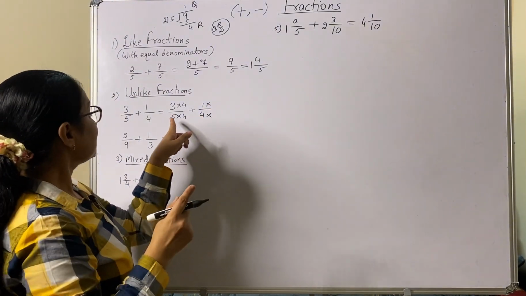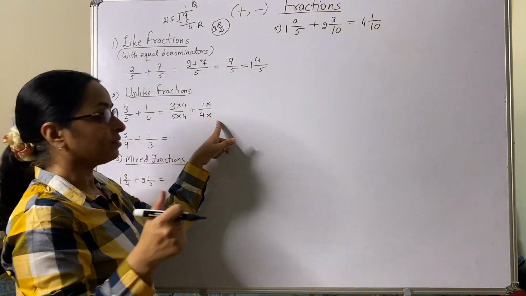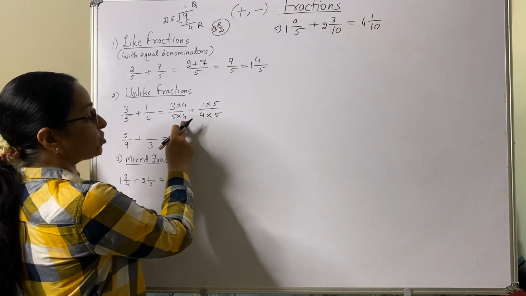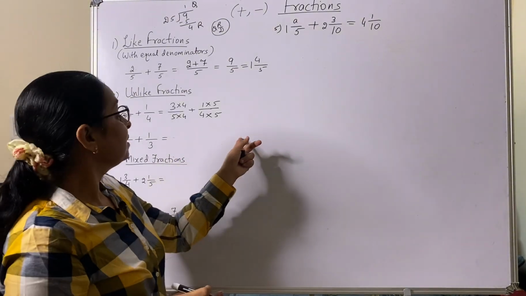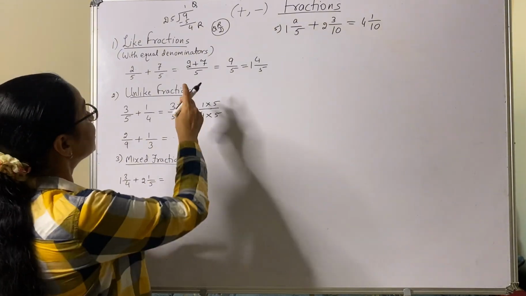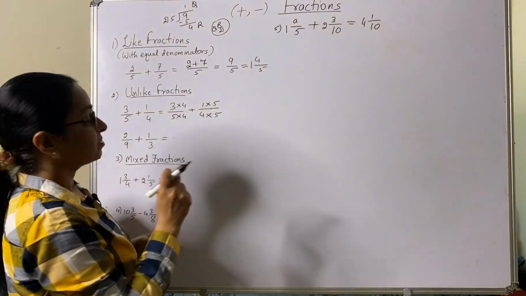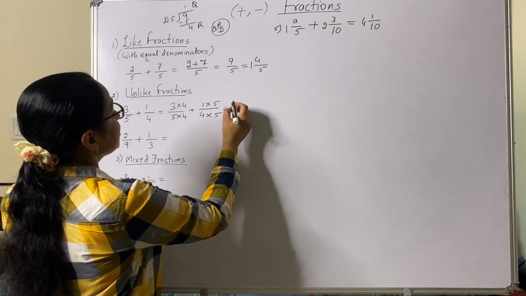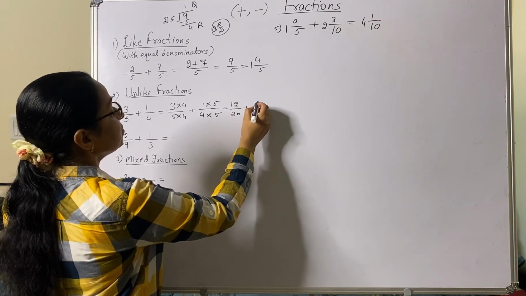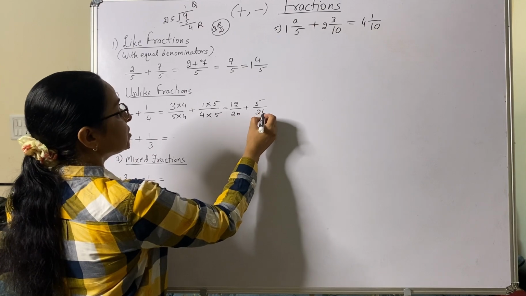Yes, you guessed right. I will multiply by 5. Right. So as you see, now 5 4s 20, 4 5s are also 20. So our denominators are equal. Now our task becomes very easy, just like the first case. Right. So let us write 3 4s 12 by 20 plus 5 1s 5 by 20.